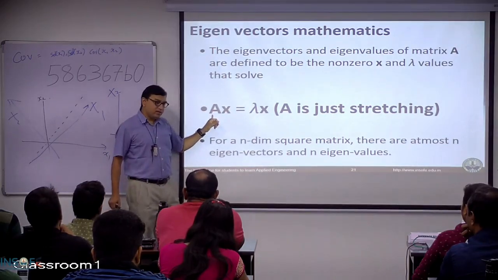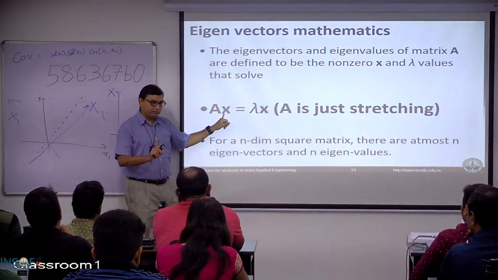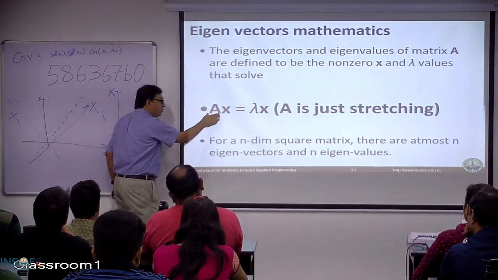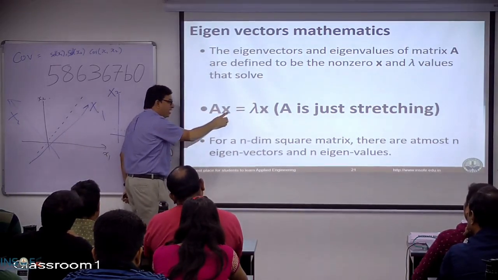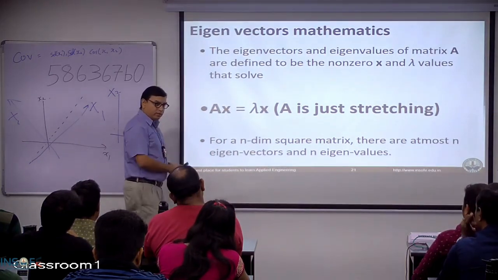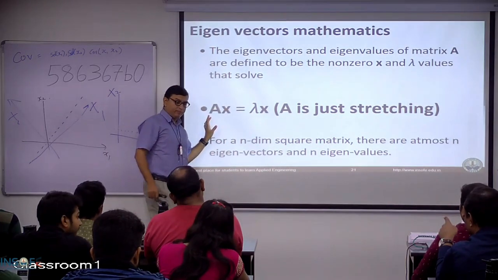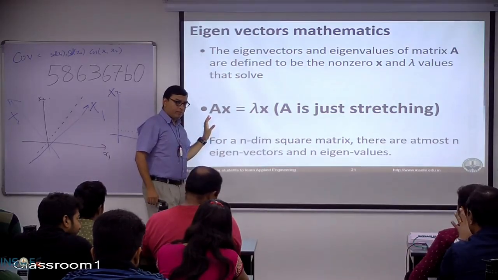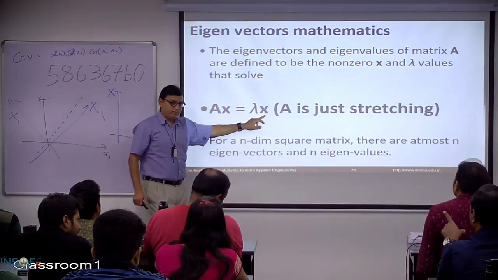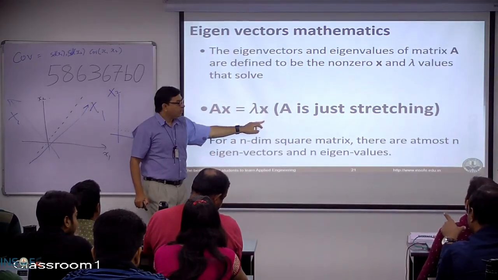A is a matrix, X is a vector. So this could be a 3 by 3 matrix, and X will be a 3 by 1 vector. When we multiply that, we get another vector. Can we always find some lambda?